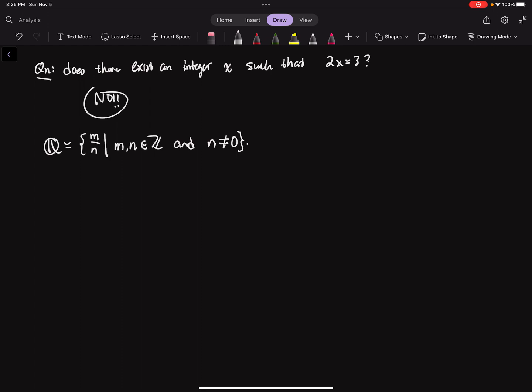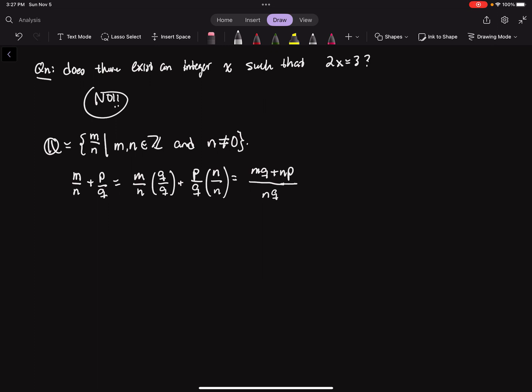And, you know, just as a refresher, we define operations on Q in terms of those from Z. So to add m over n plus p over q, we find a common denominator. And then we compute.